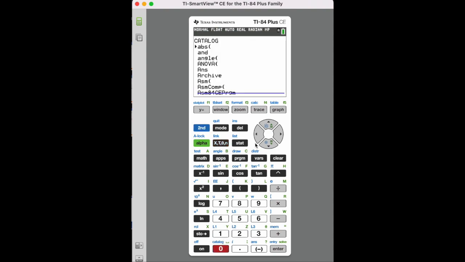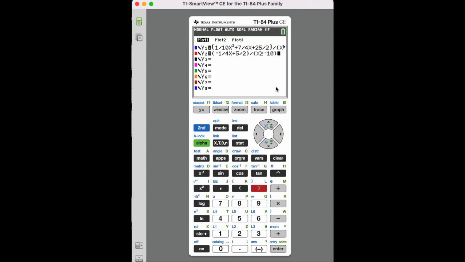So I'm going to go back to my catalog and find greater than or equal to. Here we go. And then negative 10. Whoops, I forgot my parentheses. Let me insert that. Close parentheses. Okay, so there's our piecewise function.